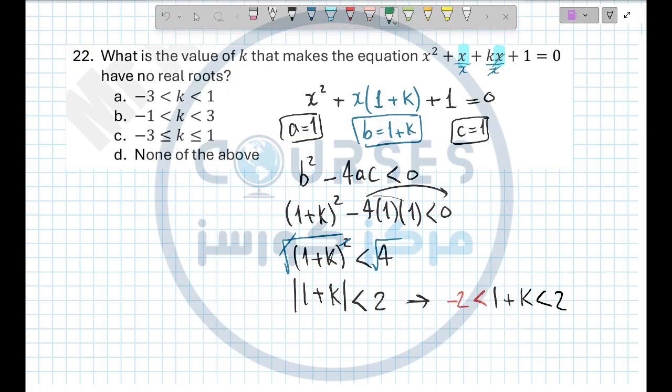Now you can cancel this one by doing minus 1, minus 1, minus 1. So we end up with negative 3 is less than k is less than 2 minus 1, which is 1. So I think the answer is A.